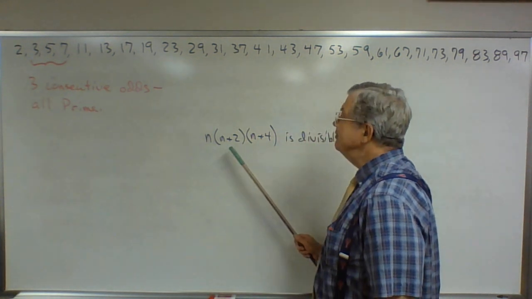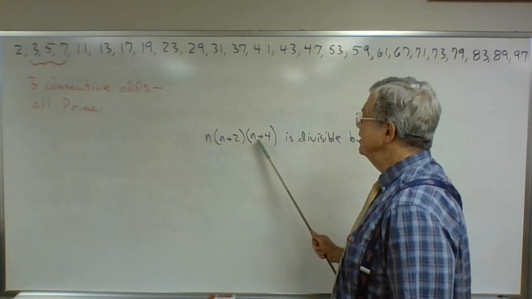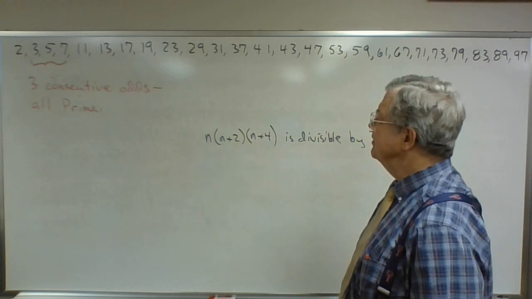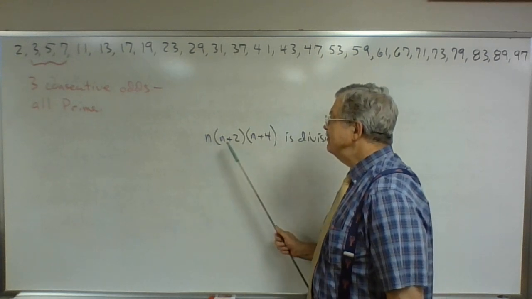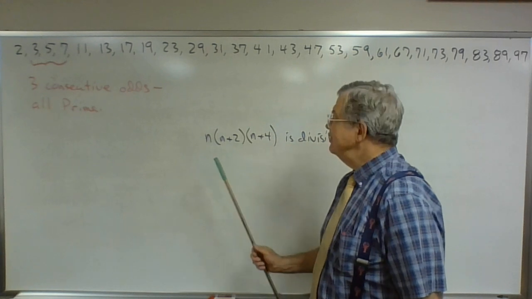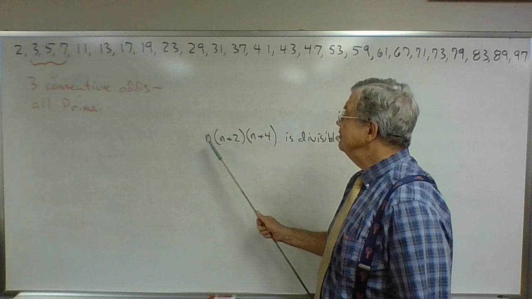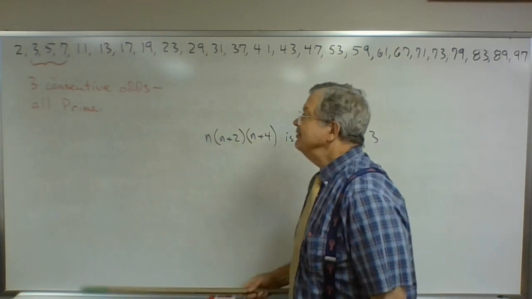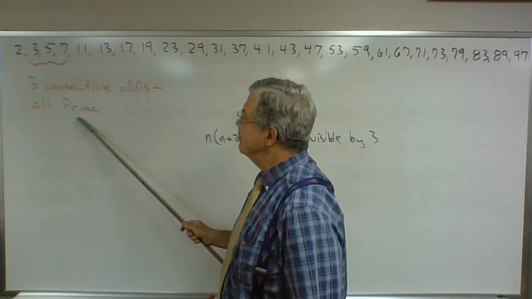For any other set of numbers, n, n plus 2, n plus 4, where n is not equal to 3, and n is odd, one of these three is going to be divisible by 3, and none of these numbers are going to be identically equal to 3. So at least one of these is going to be a composite. This is the only case where we have 3 consecutive odds and they're all prime.